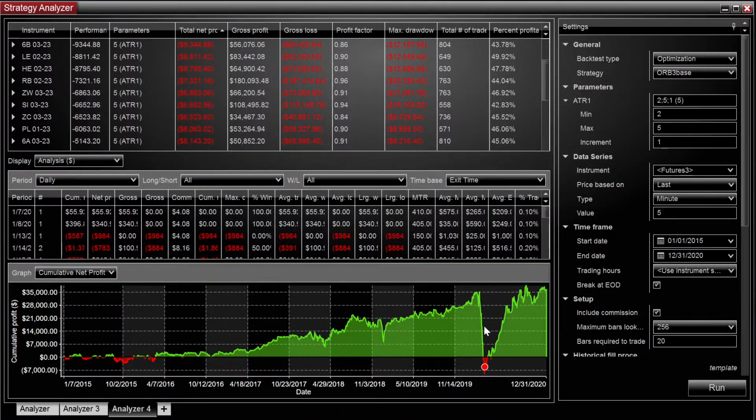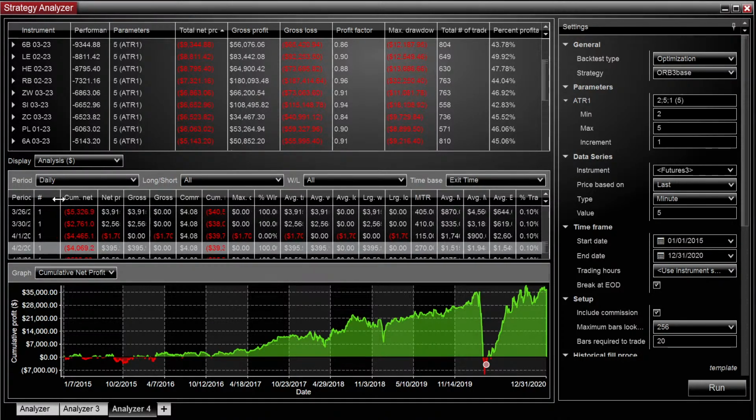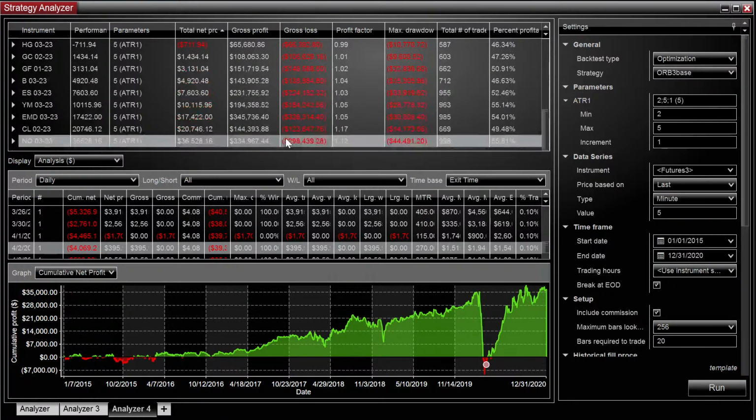Look at that. I've got to look at that right now, actually. It really captured the COVID. That's another thing we can keep in mind. This is a long only opening range breakout strategy, but I do want to see where that took place.